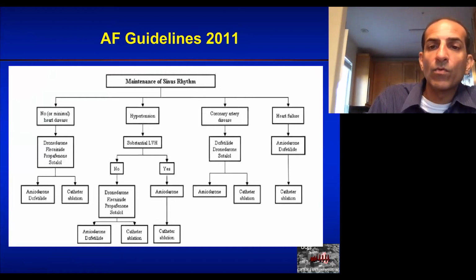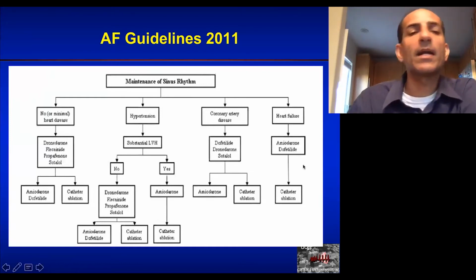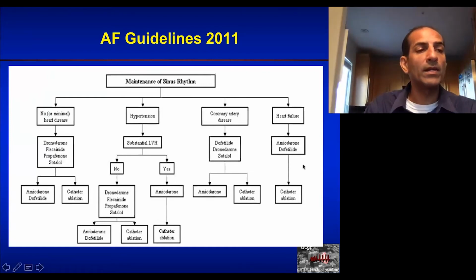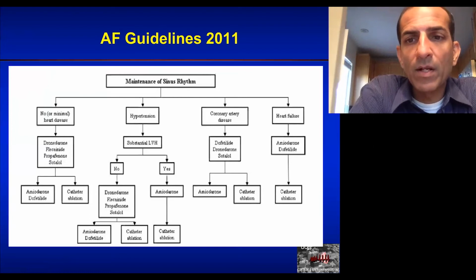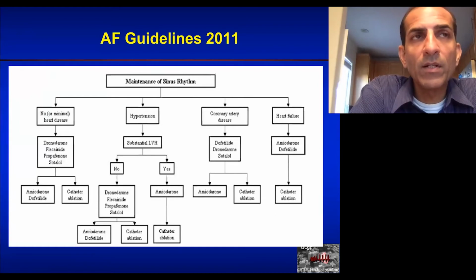And then finally, the last category would be patients who have heart failure associated with atrial fibrillation. In these patients, only 2 drugs can be used, and that is either amiodarone or dofetilide. Dofetilide is also known as Tikosyn, as the brand drug in the United States. And I don't know how much of that is available in other parts of the world.